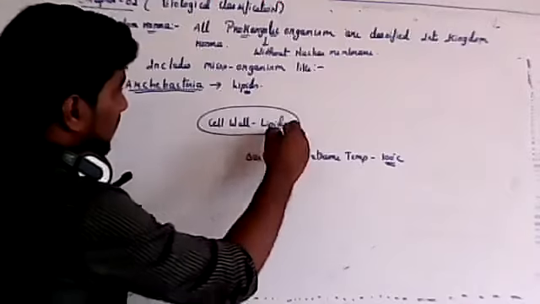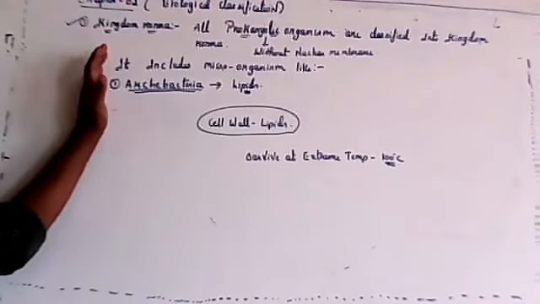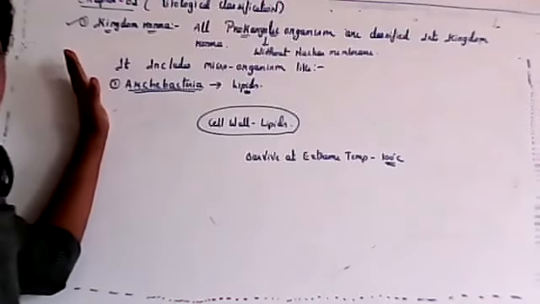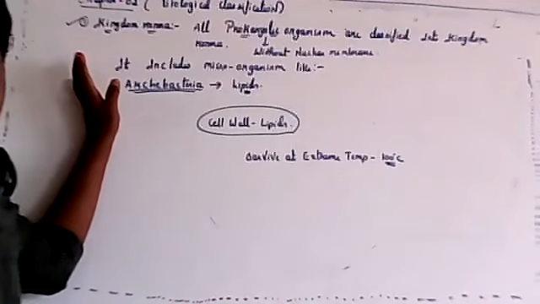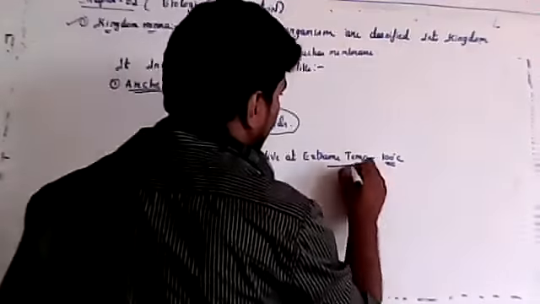They can survive up to 100 degrees Celsius, and their cell wall is made up of lipids. On a structural basis, they are again classified into 4 different types.